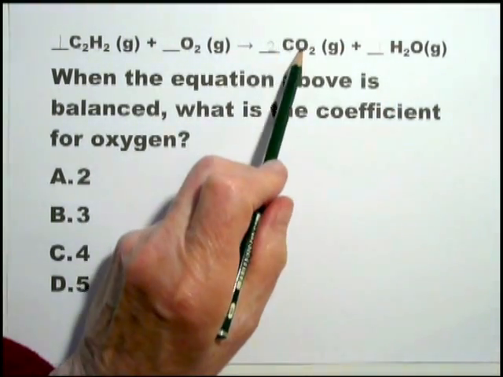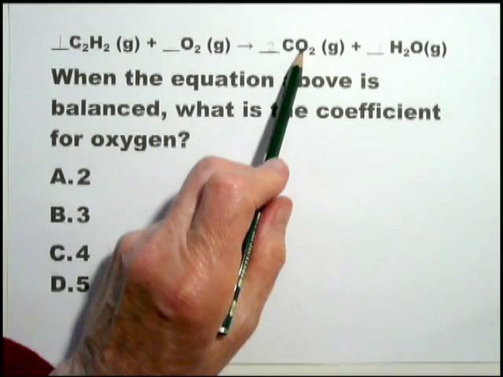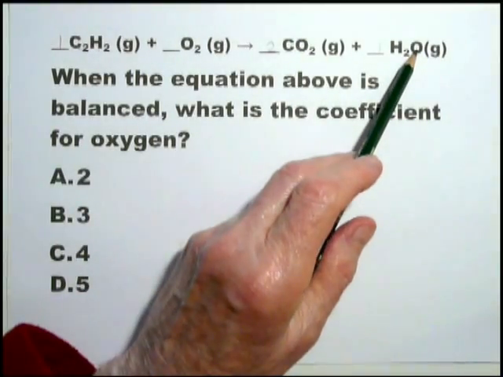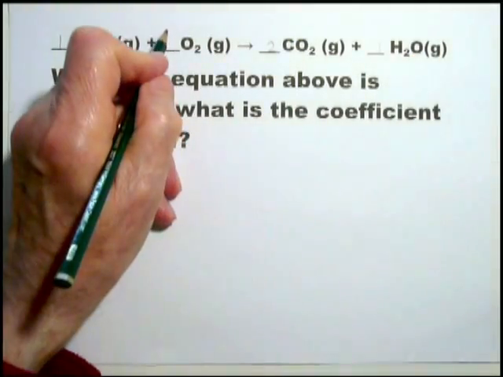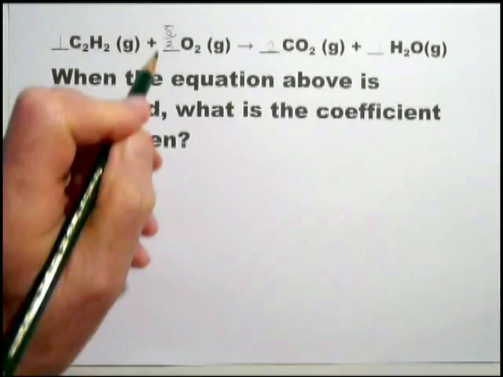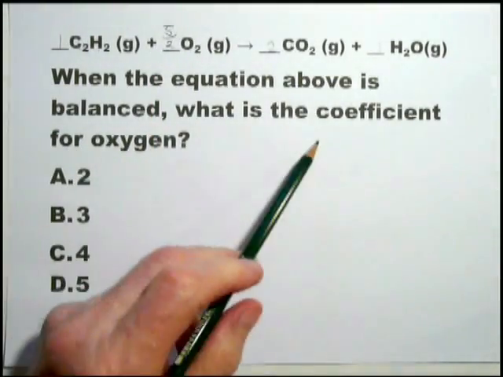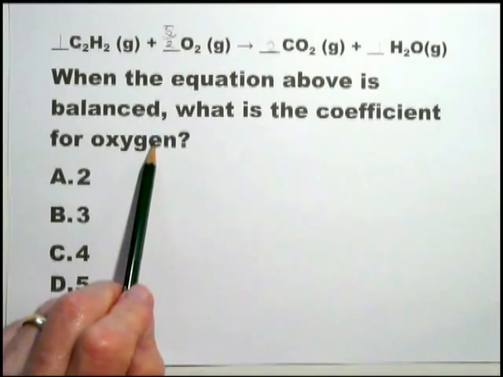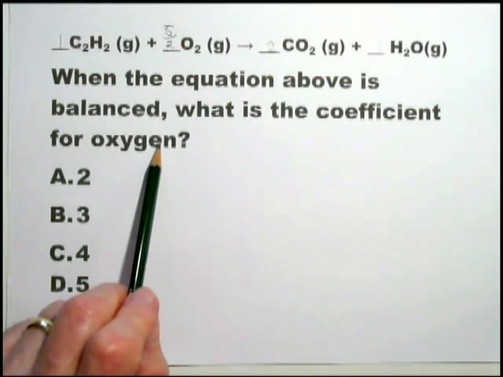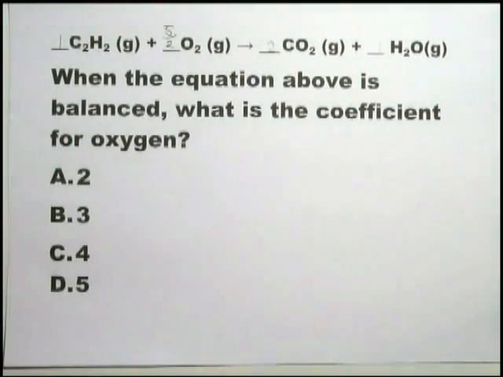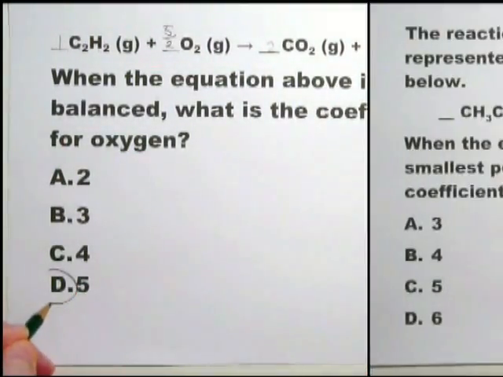So you now have 2 times 2, which is 4 oxygen atoms, plus 1, which is 5 oxygen atoms. So this would be 5 over 2. So in order to get the coefficient for oxygen in the balanced equation where everything is a whole number, it's clearly 5. There is the answer.